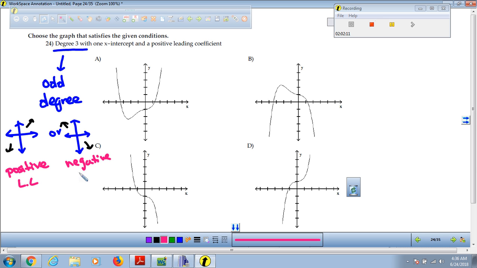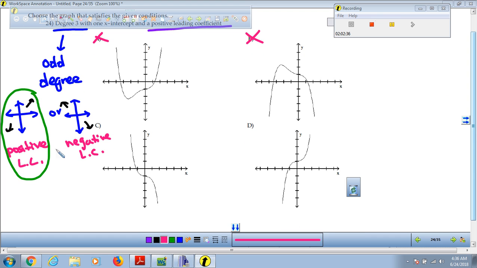I'm going to abbreviate LC. And LC here. So then, right now, we are saying that our graph, according to the degree being an odd degree and the positive leading coefficient, has to end like this. So it cannot be letter A because it's both pointing upward, cannot be letter B, both pointing downward.